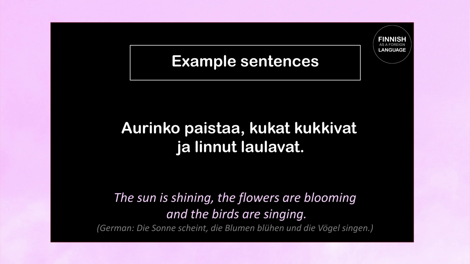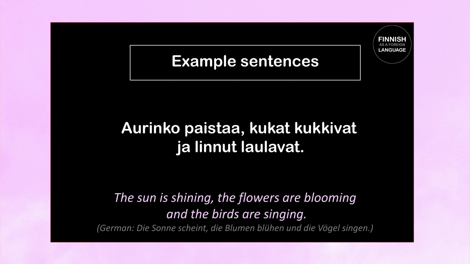Next one. Aurinko paistaa, kukat kukkivat ja linnut laulavat means the sun is shining, the flowers are blooming and the birds are singing. So let's go step by step. Aurinko paistaa means the sun is shining. Kukat kukkivat means the flowers are blooming.